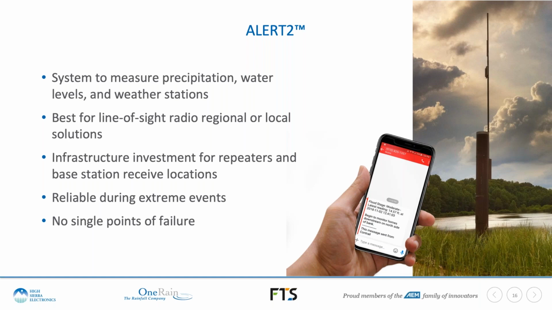These systems work in those extreme events, and you're not dependent on the internet being available or anything else. So it's a really robust technology for dealing with emergency applications. And when you build the networks, if they're designed and implemented properly, they'll be built with no single points of failure. That's part of the robustness of the system.